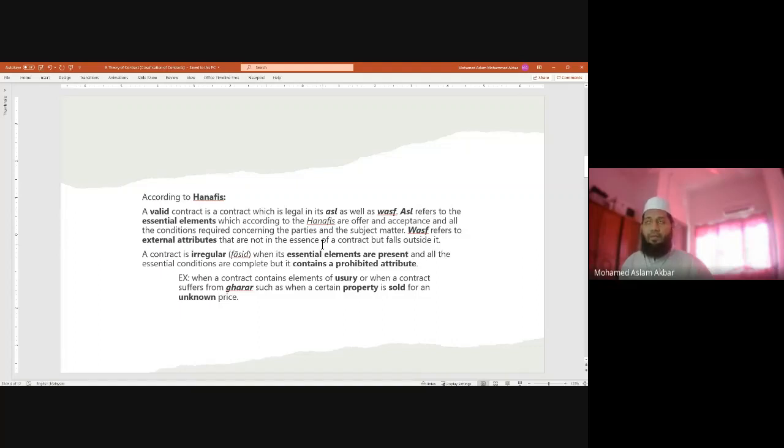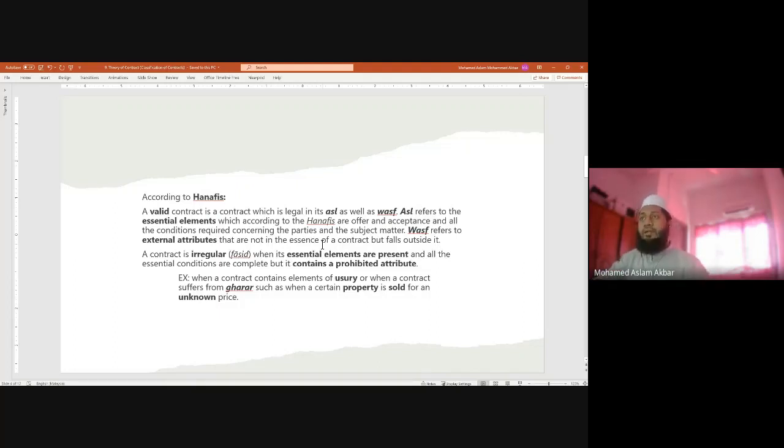All right. And then also the subject matter, the phone, is there. The only problem is right now, they want to conclude this contract without fixing the price. So now, according to Hanafi, they will call this particular contract fasid.